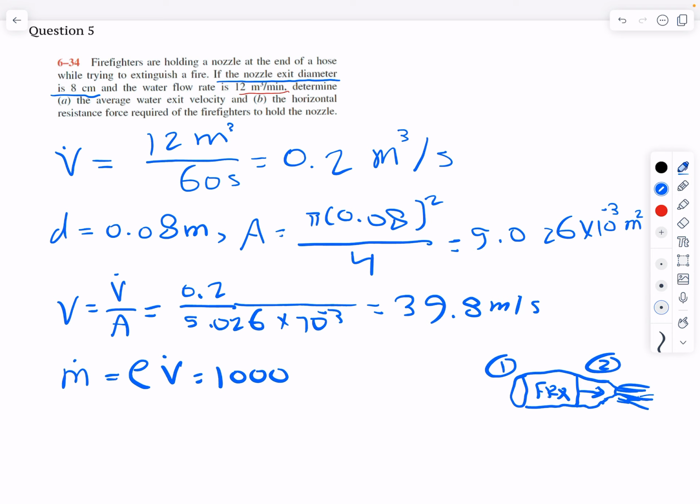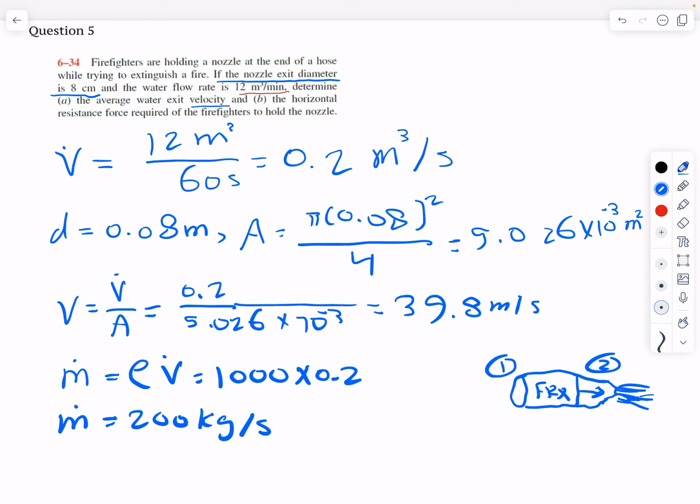We always assume that the density of the water is 1000, multiplied by the volume flow rate, which is 0.2, and of course the m dot will give you 200 kilogram per second. So we found the mass flow rate. We also found the average water exit velocity.